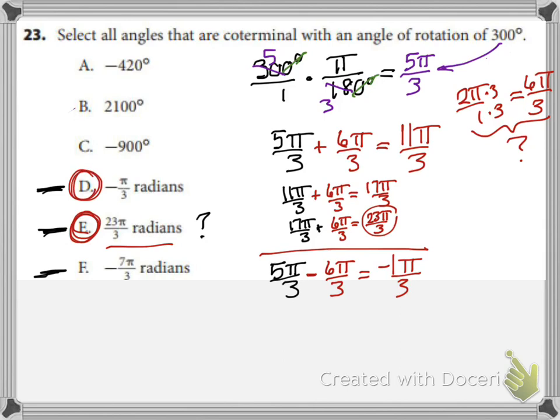Yes, I have that one. There's another one that's even more negative. So let's start from where we left off. Negative 1 pi over 3 minus 6 pi over 3, which gives me negative 7 pi over 3. Yes, all the radian ones end up matching.